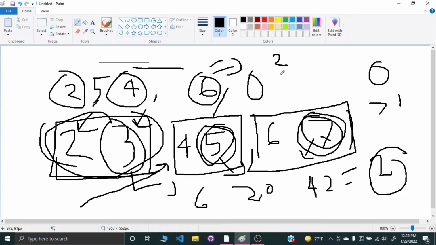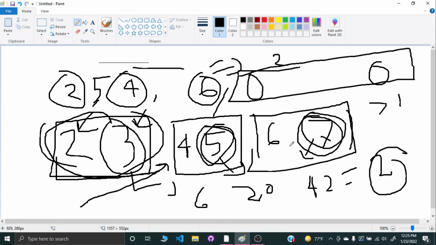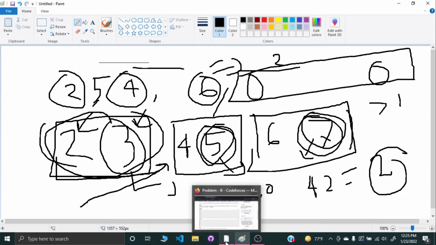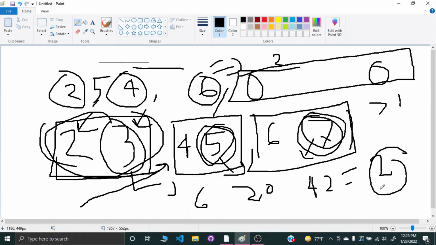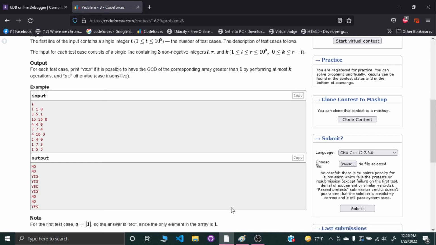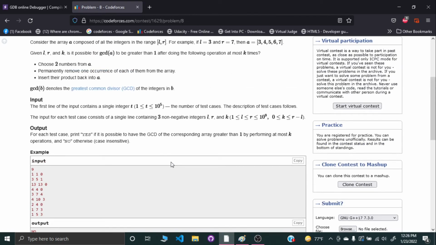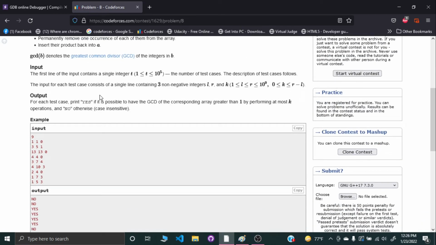If I can do that, then there is a possibility that I can make the array feasible, the solution that the author wants from me, and the answer is going to be yes, or otherwise the GCD would be 1. Okay, so that's exactly what we're going to have to do. Let me jump into the coding section to elaborate the process more.